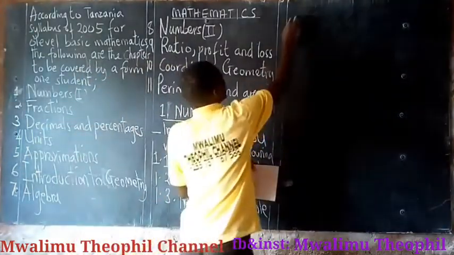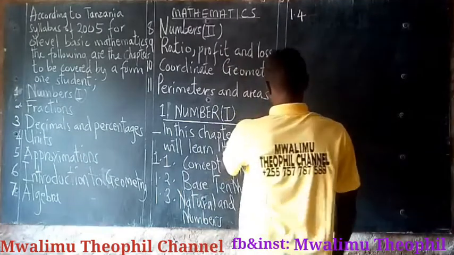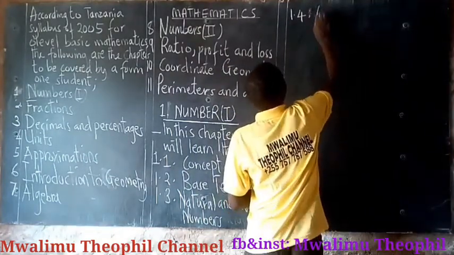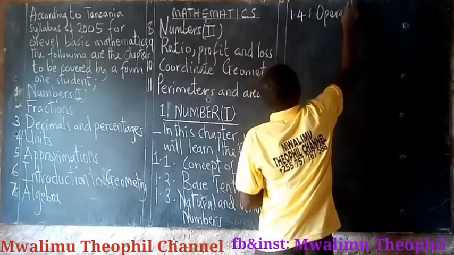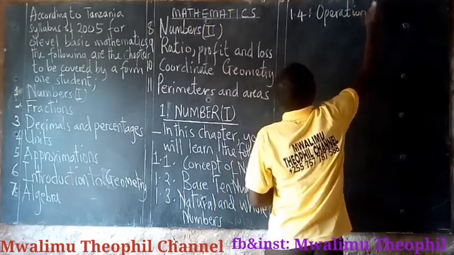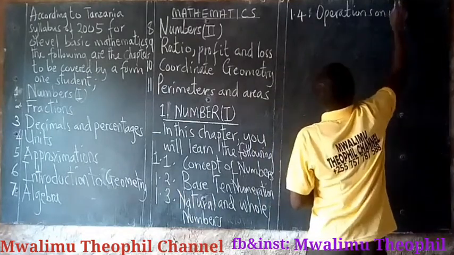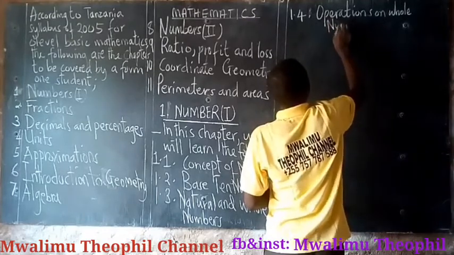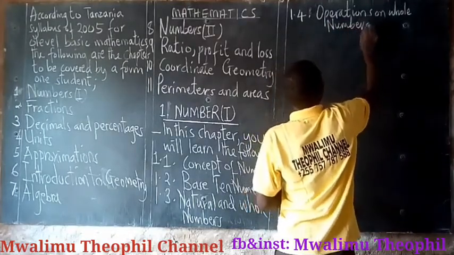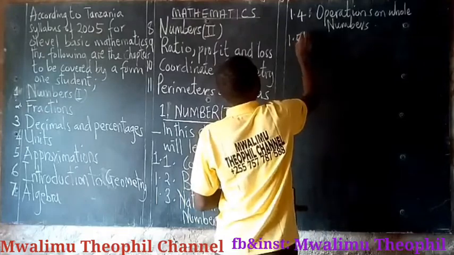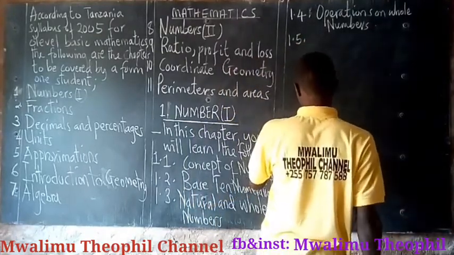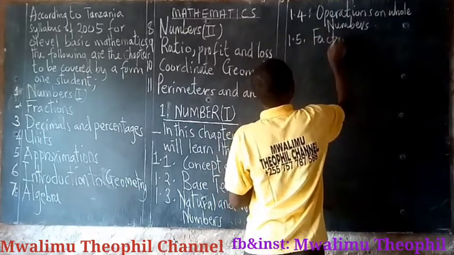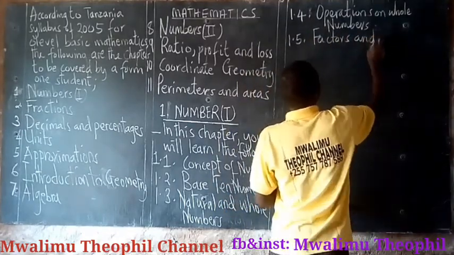Our fourth part, 1.4, will be operations on whole numbers. The fifth part will be factors and multiples of numbers.